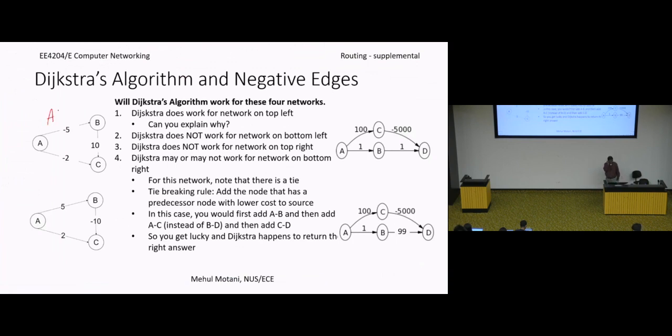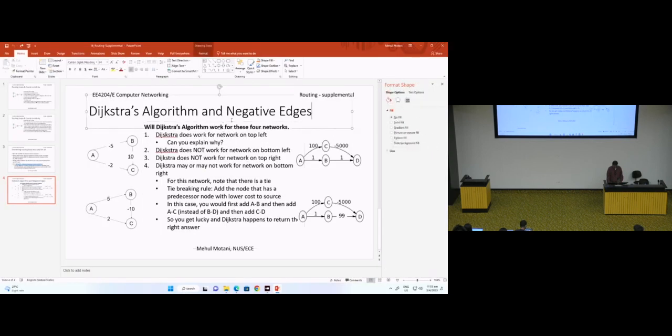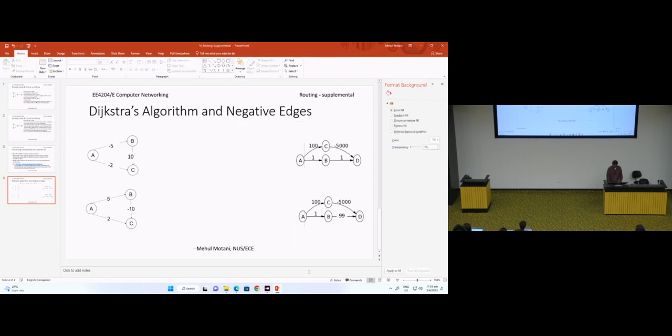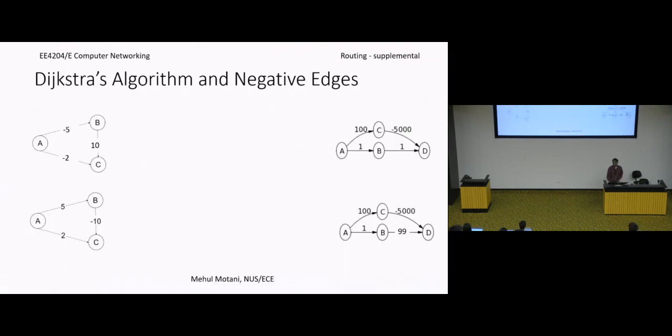So in network A, will Dijkstra work or not? I don't trust you guys. No, it's not that, it's just human nature. Will Dijkstra work here? So I have negative edges, right?